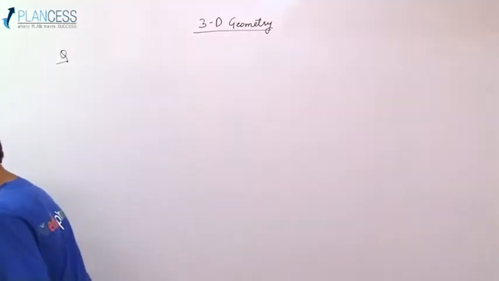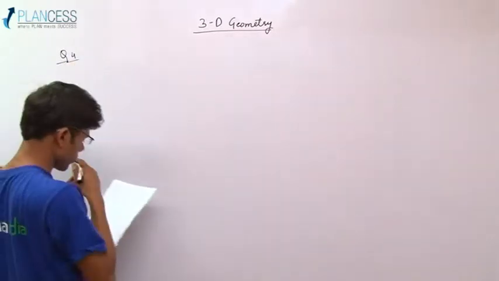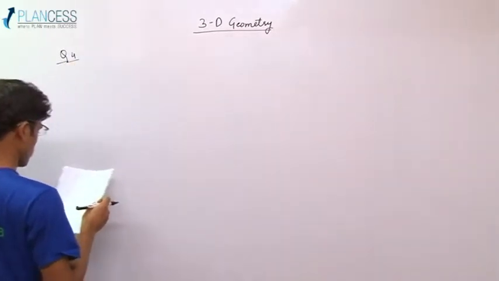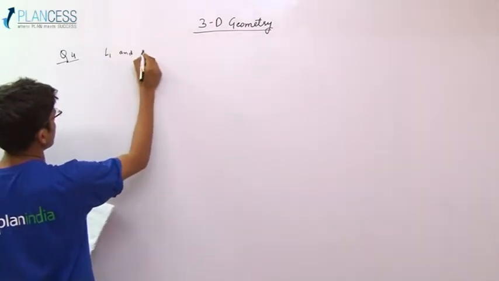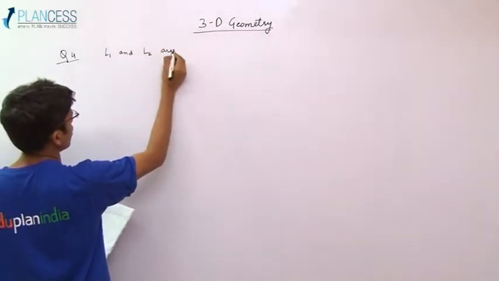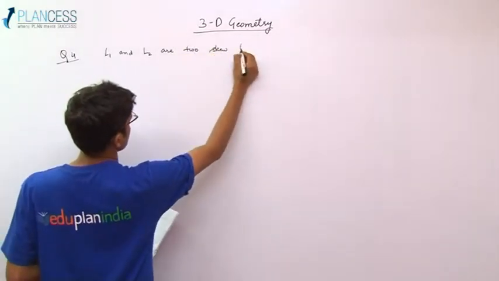Okay, so now let's move on to question number 4. We have two lines L1 and L2 which are two skew lines.